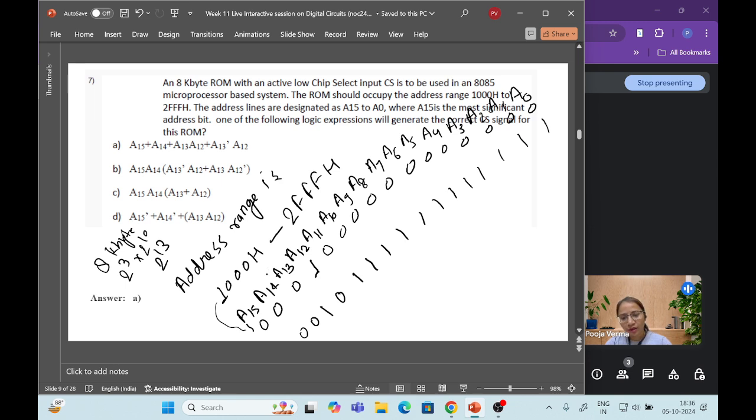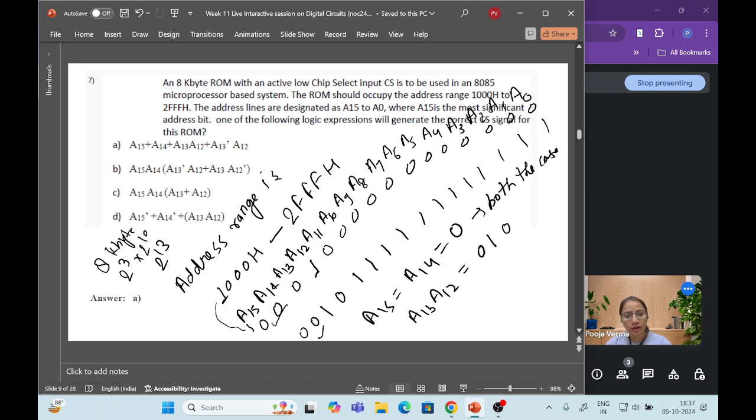So here we can see that A15 and A14 are both 0 in both the cases. A15 equals A14 equals 0 in both the cases. And A13, A12 is 0, 1 or 1, 0.